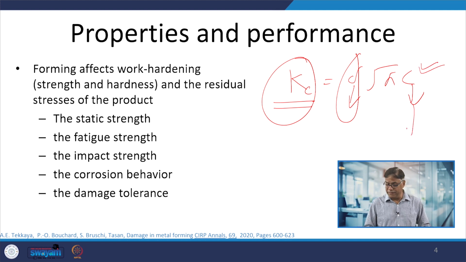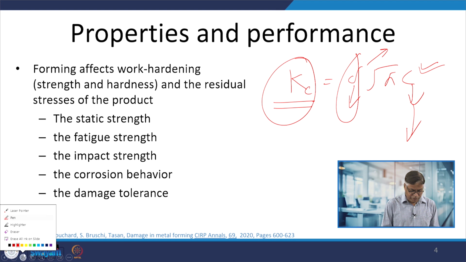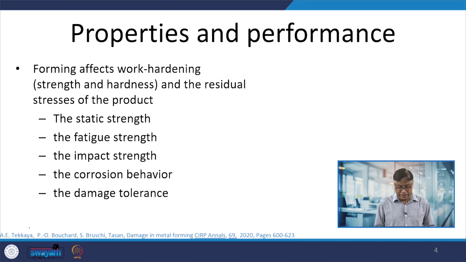Likewise, for a given crack size, if the Kc is reduced, then the maximum stress that can be applied will also be reduced. So, from this we can get an idea of how the damage tolerance is affected when the material is subjected to cold forming.